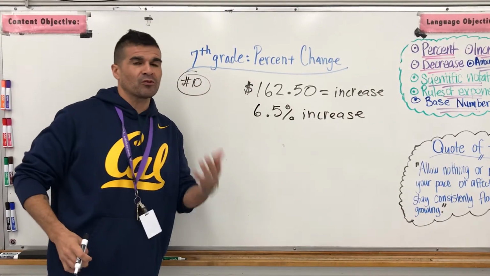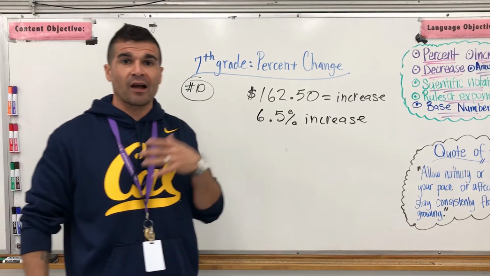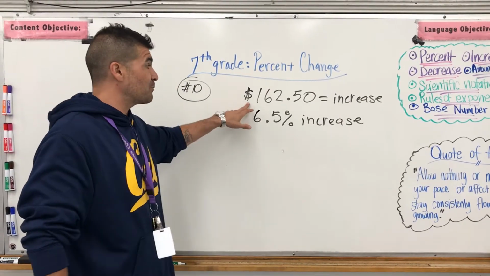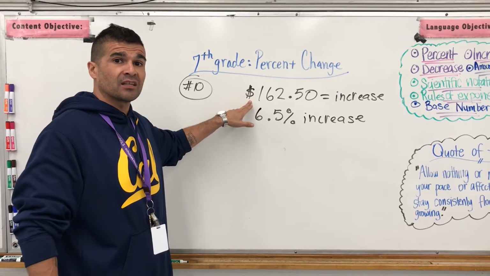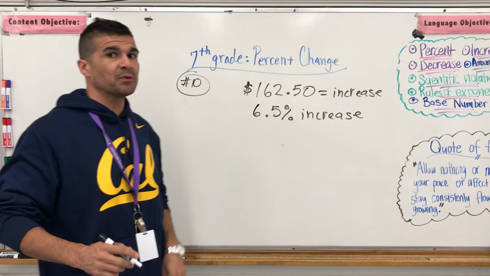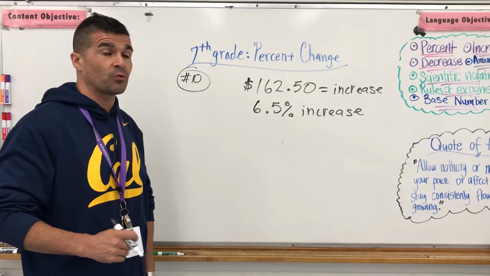So a lot of people are wondering, well, how the heck am I supposed to figure out how much this woman makes every month now after she's getting paid $162.50 more, if I never knew what she was making originally? Well, that's pretty easy if you know the percent change equation.